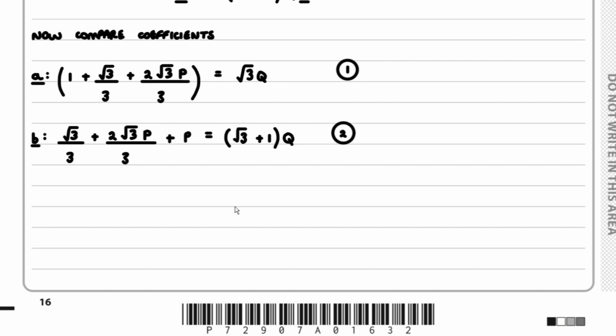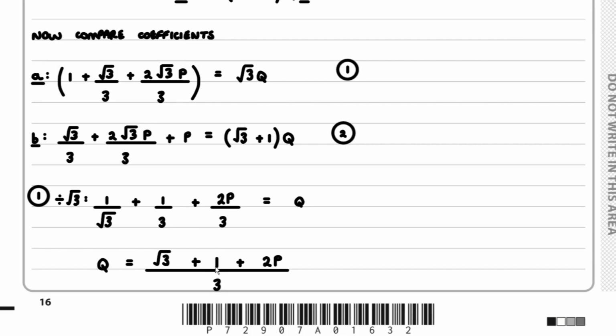Now, what I can do is divide equation 1 by √3, and in doing so, I've got 1 over √3 plus 1/3 plus 2p/3, which is equal to q. So q will equal √3 plus 1 plus 2p/3. I'll call this equation 3.